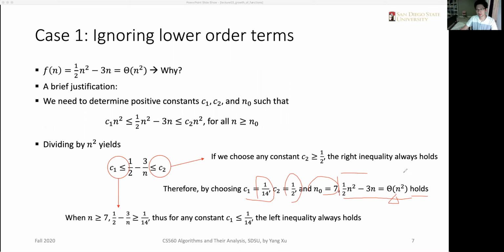So we proved that this is true. So to recap a bit, in order to strictly prove that the big theta notation holds, we need to basically determine the quantities C1, C2, and N0. And we need to find the values of C1, C2, and N0 by solving the inequalities by definition.